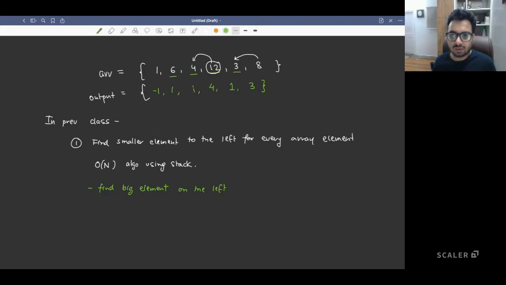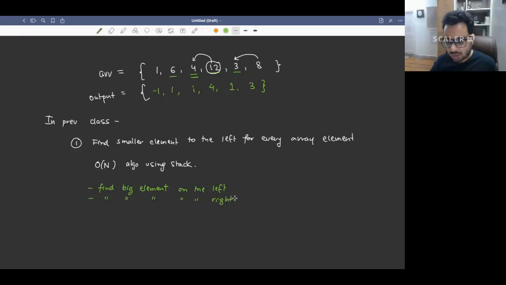Come on, yes or no? For example, if I talk about 4, the bigger element on the left is 6. If I talk about 12, the bigger element does not exist. It's minus 1.